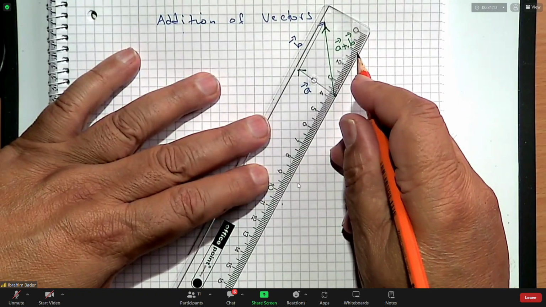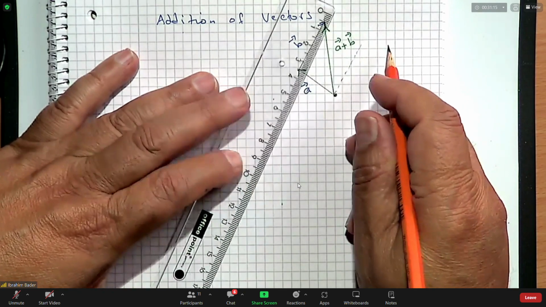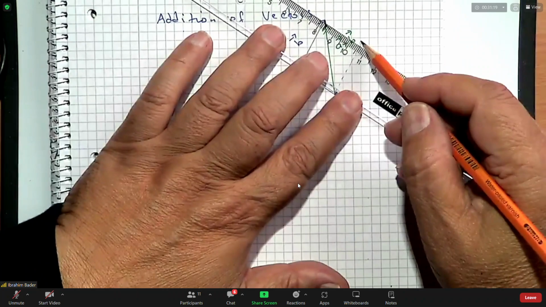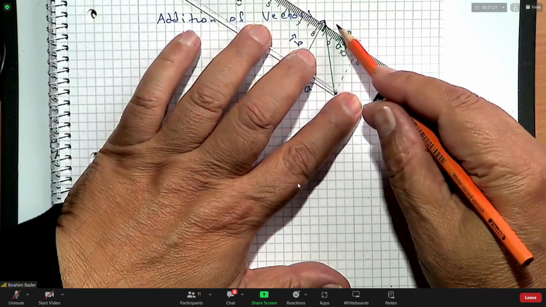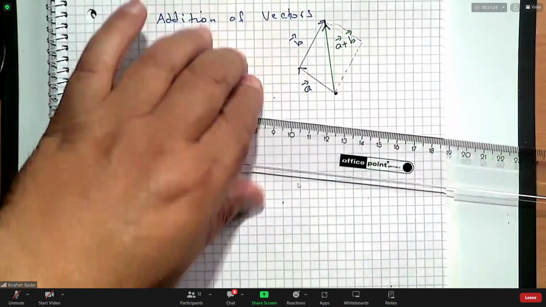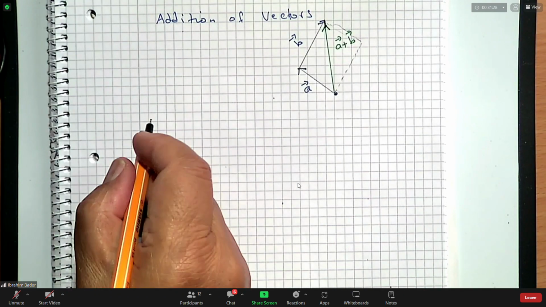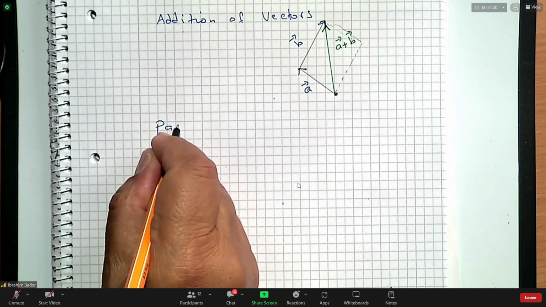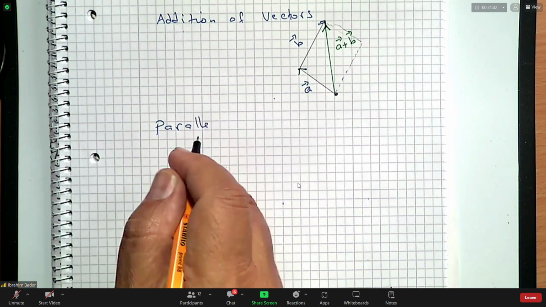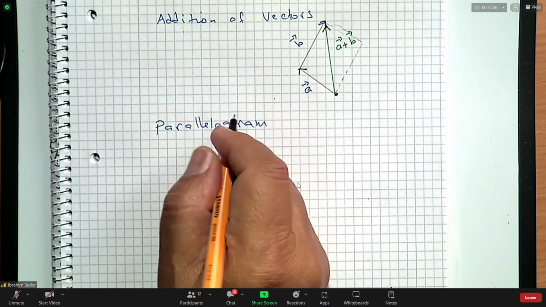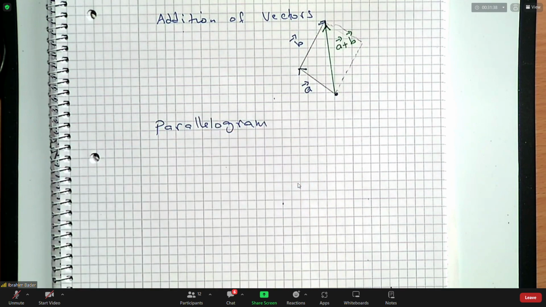Now here, if I just continue this, I don't know whether you studied in geometry at school something called a parallelogram. Parallelogram, you heard about it?